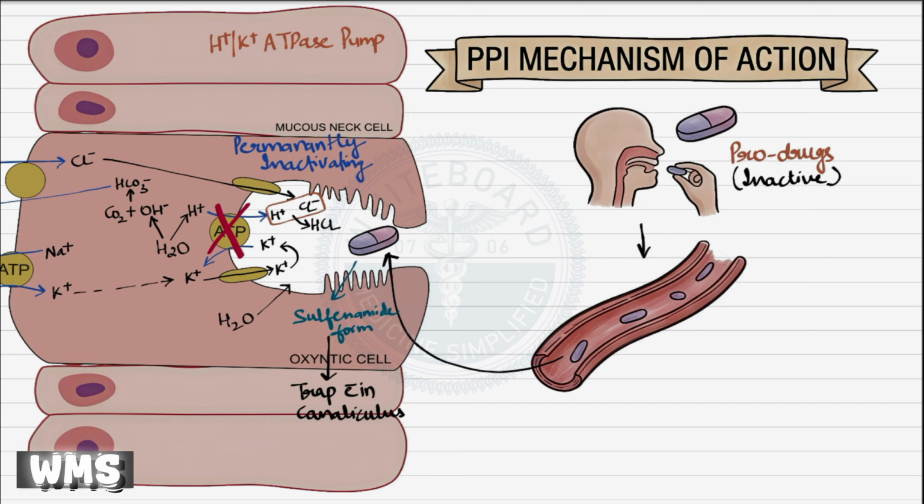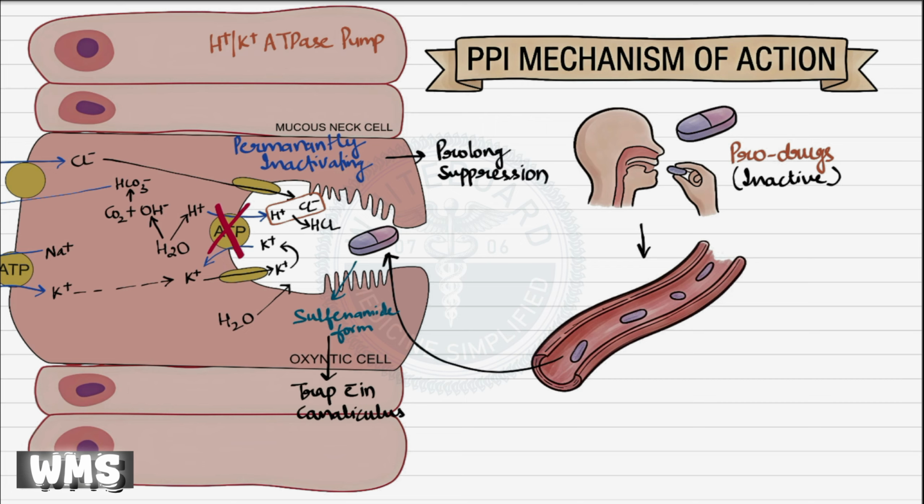Therefore, acid secretion cannot resume until entirely new proton pumps are synthesized and inserted into the membrane, which explains why PPIs produce a prolonged suppression of acid secretion, despite having a relatively short plasma half-life.